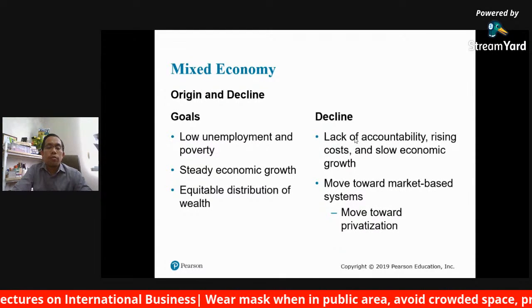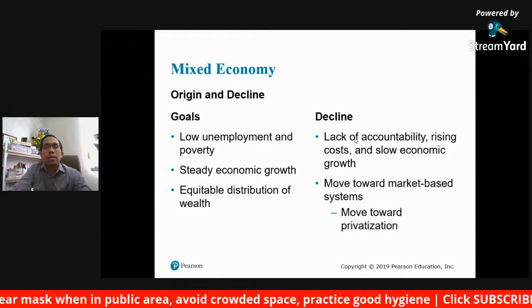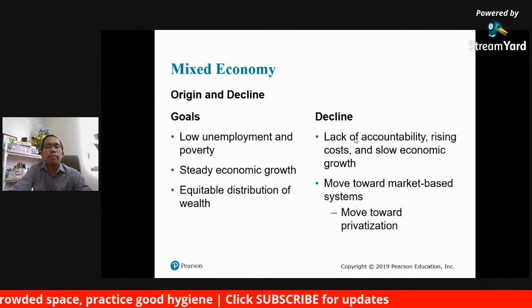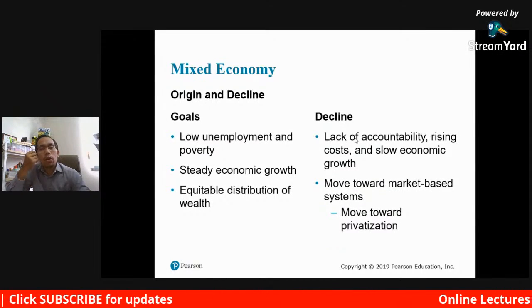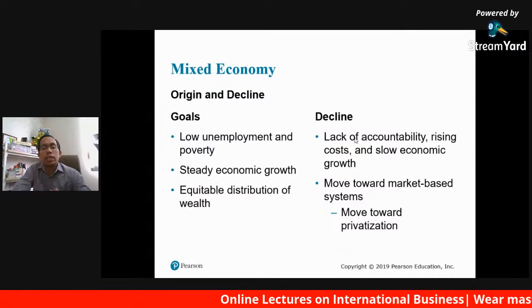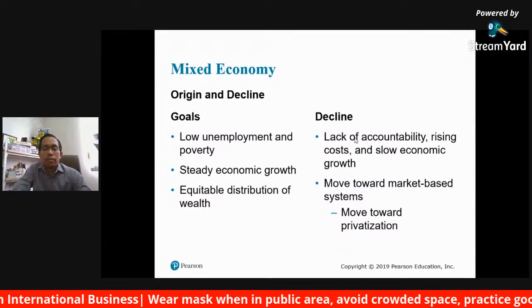To get everything better is quite challenging for some countries. Only developed countries are moving toward a market-based system where everything is privatized.